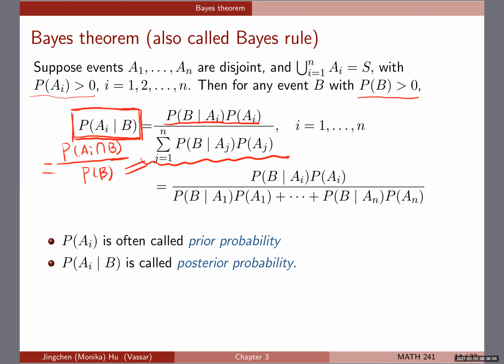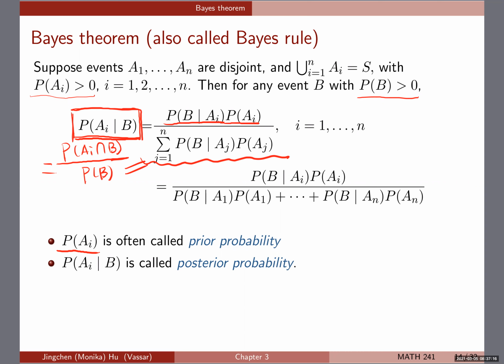Later we're going to put this into practice, and I will just mention that a lot of times we call the probability of any of the Ai the prior probability, meaning that it is the marginal: without knowing anything about B, I might have a certain probability for any of the Ai.